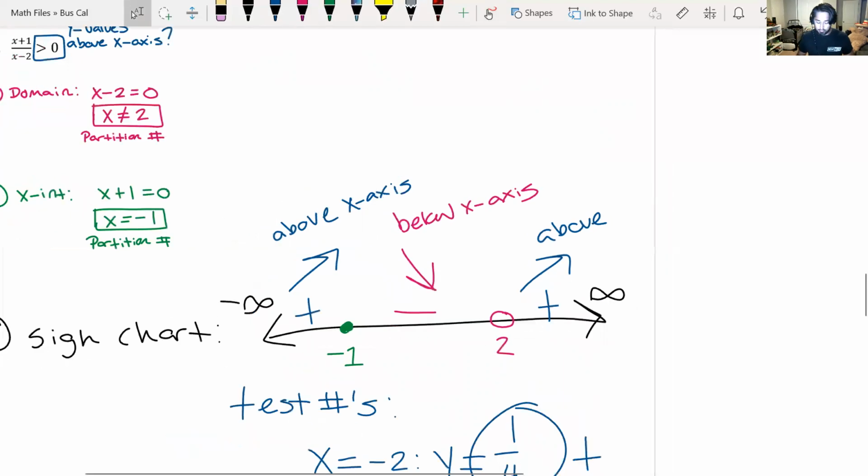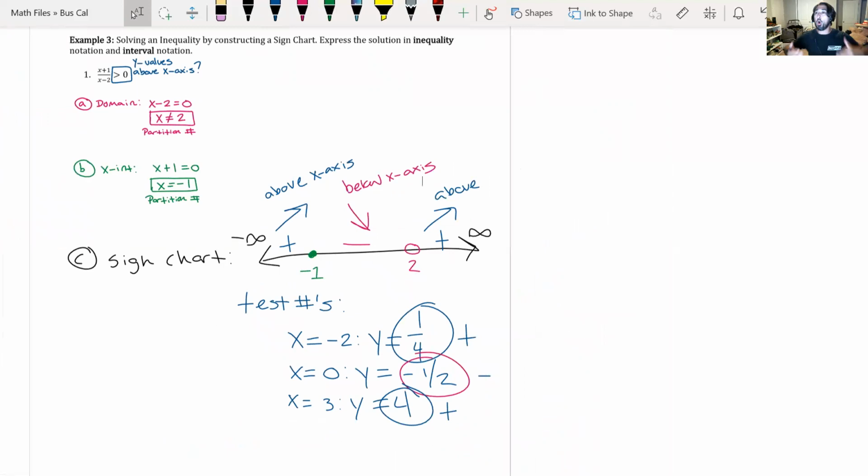Okay, and now all of this work to answer the final question, the question that was asked in the very beginning. I know it's awful. We want to know on what intervals from our sign chart are the y values above the x-axis.